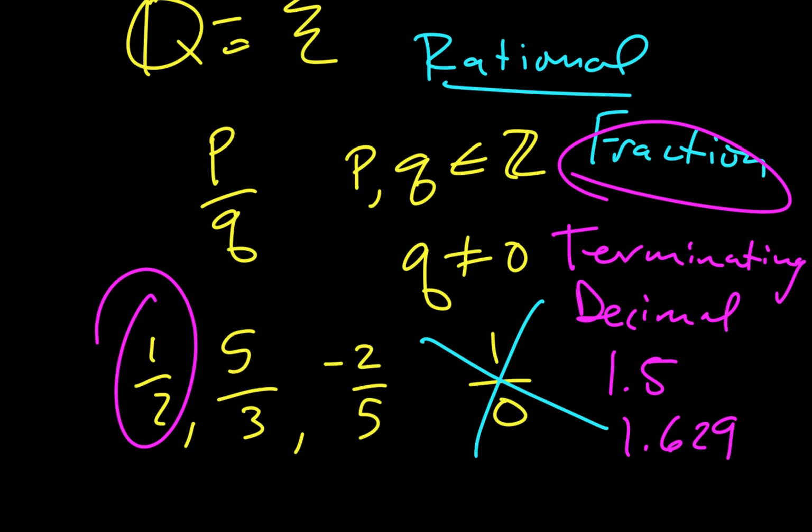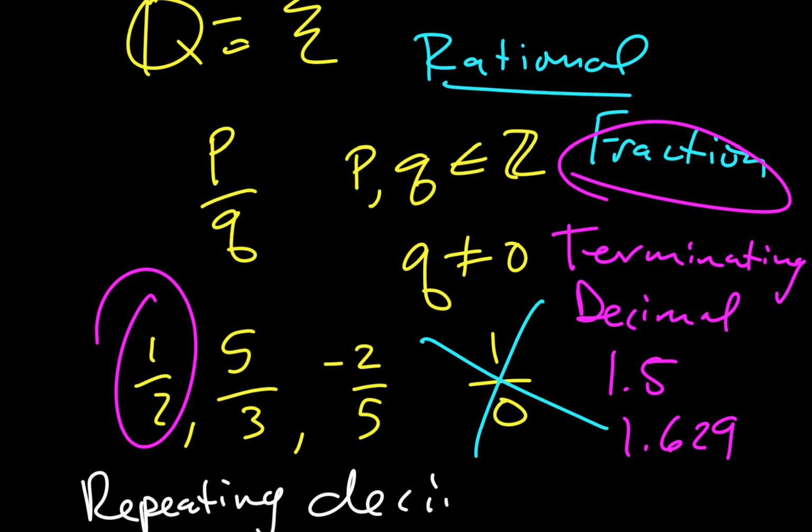They can also show up as a repeating decimal. So that would be like 1.66666 repeating, or 1/3 can translate into 0.333 repeating.